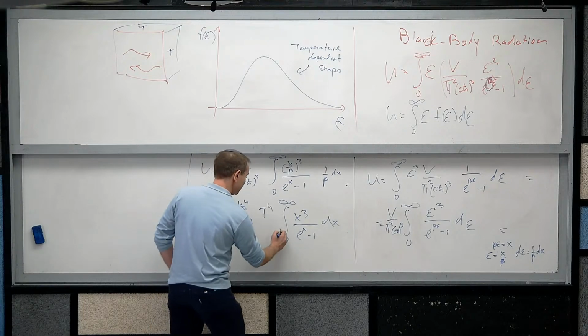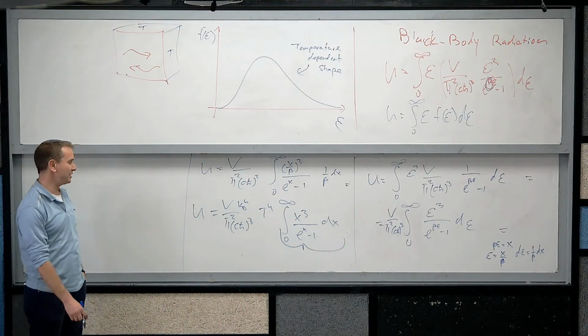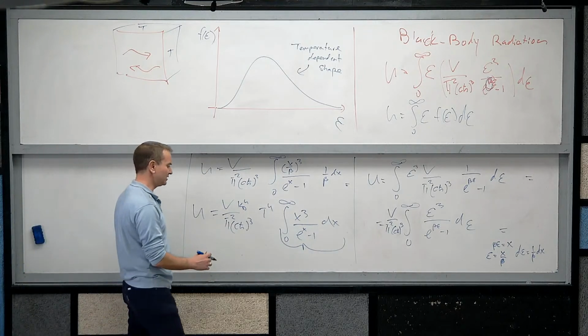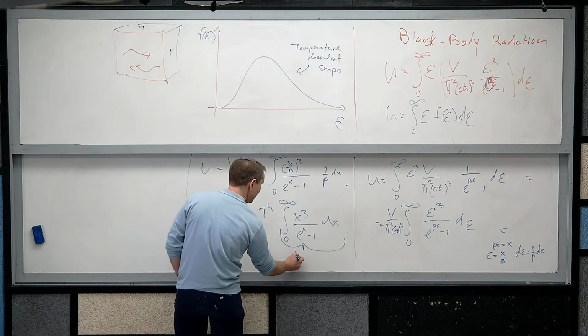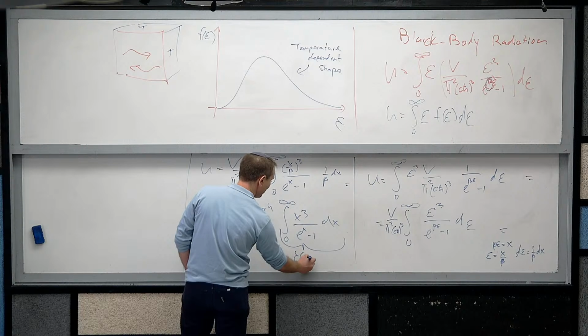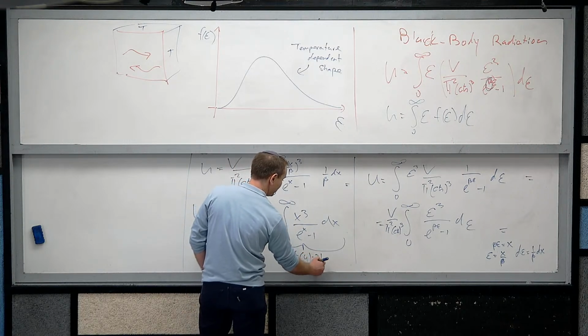Now, this is a number. It's independent of t, it's independent of the volume, of anything. It's just a number. And this is the Riemann zeta function of 4 multiplied by 3 factorial.